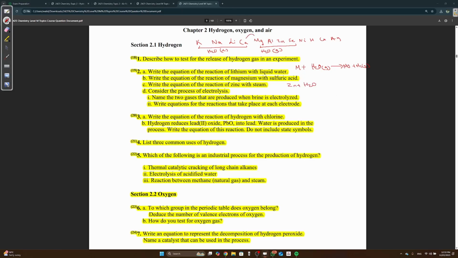Magnesium can also react with water. It's like both, it can react with this and with this. Zinc plus H2O gas produces the metal oxide, zinc oxide, plus hydrogen gas. Again, you need to know these, and I'm going to stress them a lot in topic 10 because that's when they're actually explained.